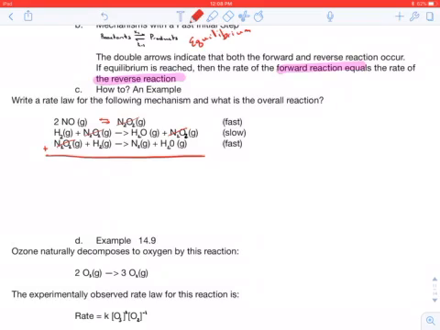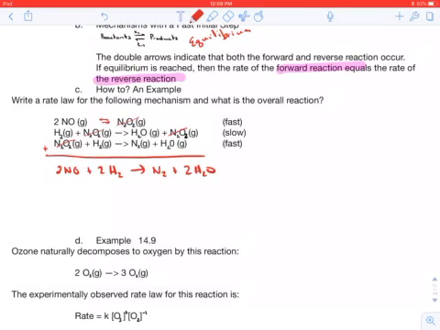All right. And so if we look here, I think that's all that we can cancel out. So we're going to get 2 NO plus 2 H2 goes to N2 plus 2 H2O. So this is our overall reaction.